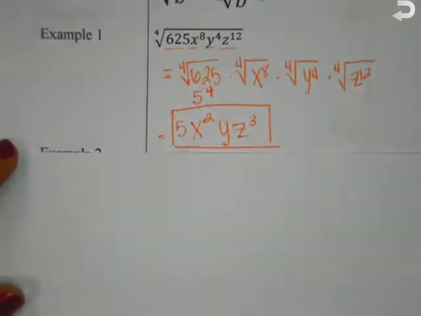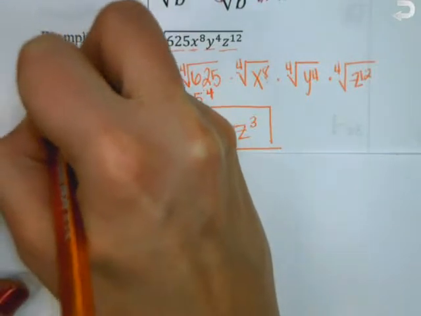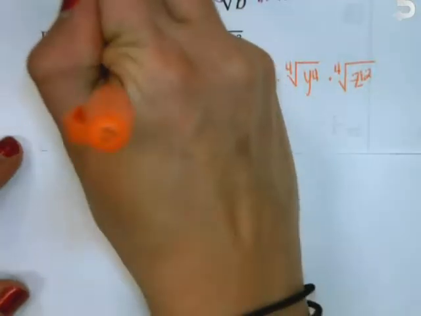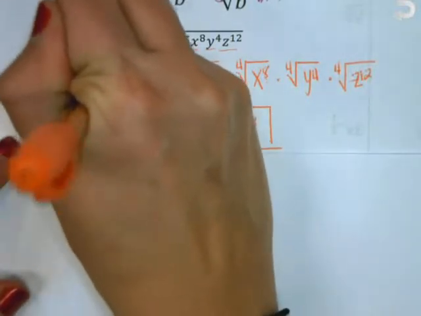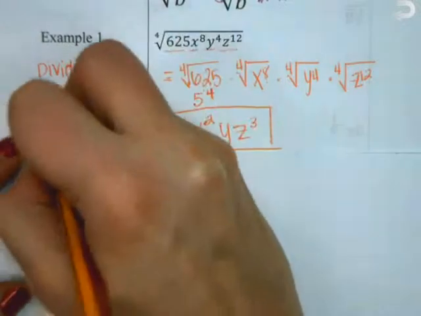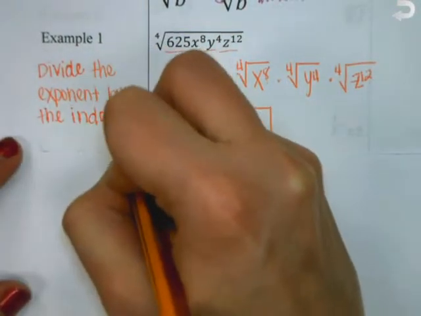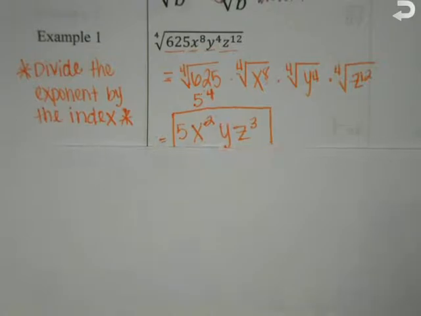So let's write that note off to the side. Divide the exponent by the index. So dividing the exponent by the index, that's how we can get what exponent we have left.